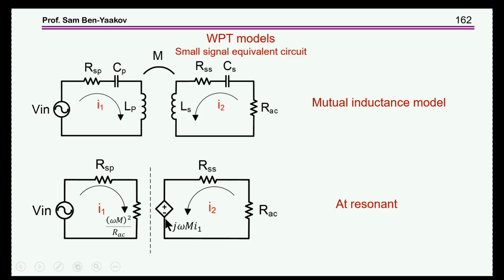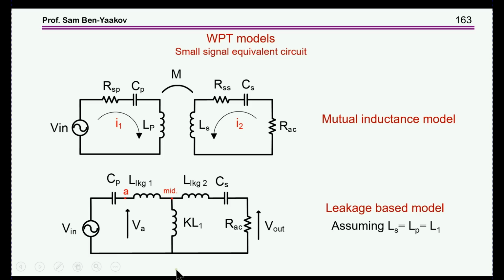At the secondary, you have a current source due to the mutual inductance. Again, here we have a coupling coefficient, which is a function of the distance. And as it turns out, you have a sort of virtual resistance, which is reflected to the primary, which is also dependent on the mutual inductance and the actual resistance that you have in the circuit.